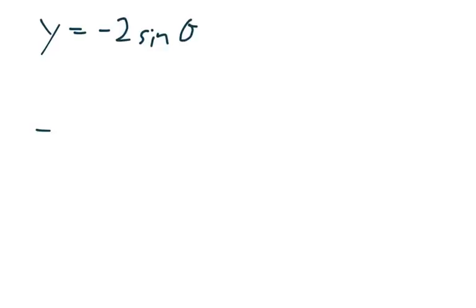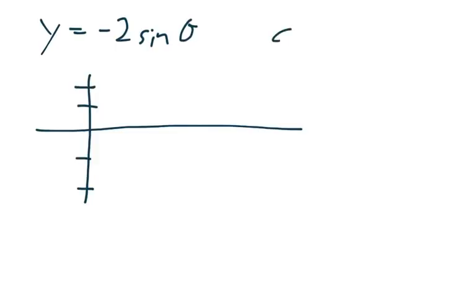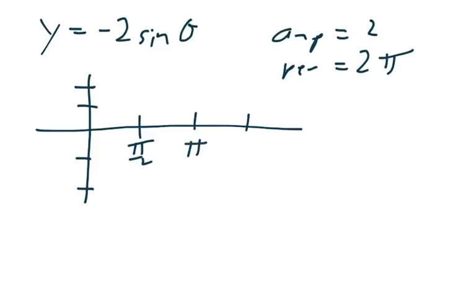So I'm going to do these problems the way that I expect you to do them on the test. Since we have an amplitude here equaling 2, and the period didn't change, so the period is still going to be 2 pi, my tick marks are the same as the other tick marks.